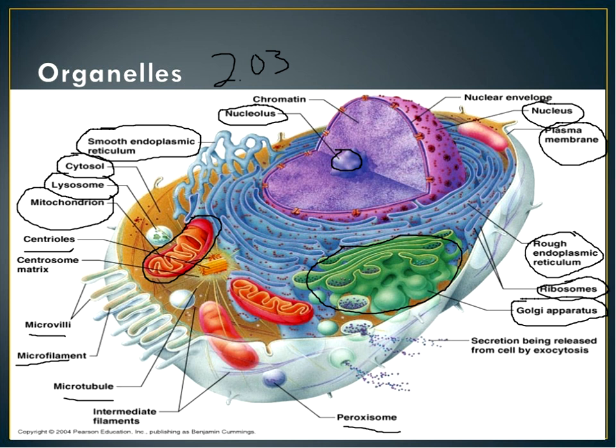So I'll leave that up for one more second. Oh, there's also chromatin, which is just like DNA. DNA and chromatin are the same thing. Chromatin is just DNA unraveled. So those are the organelles. You need to know what they look like and know what they do.